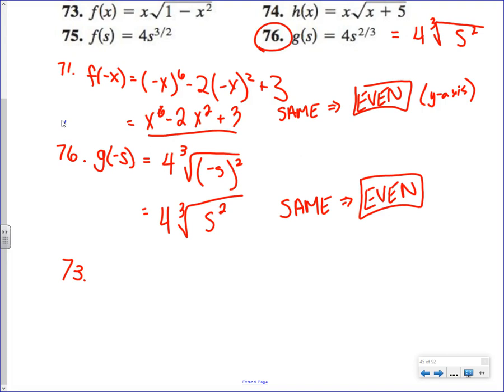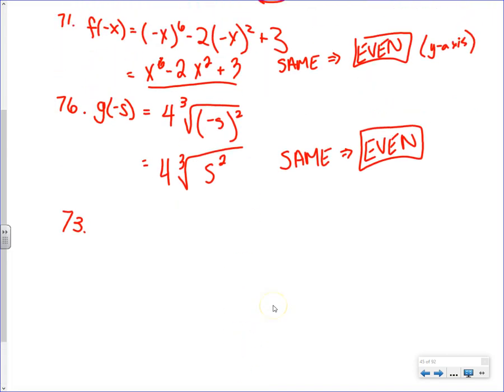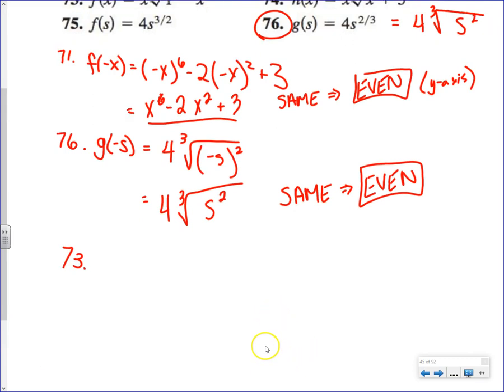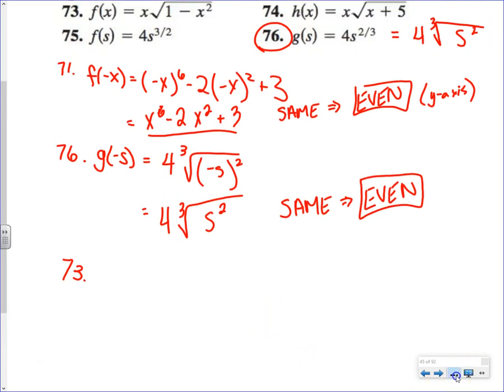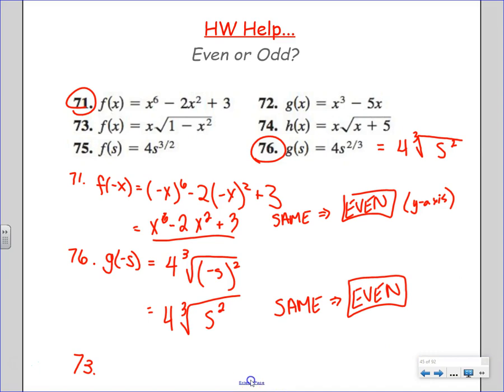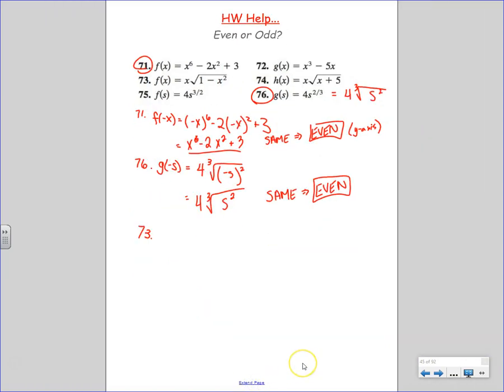However much space you've been using, skip the same amount of space and write down 74. And 74. We'll stop there.